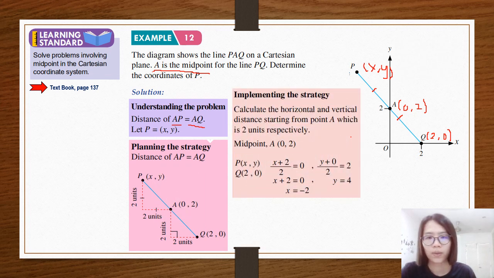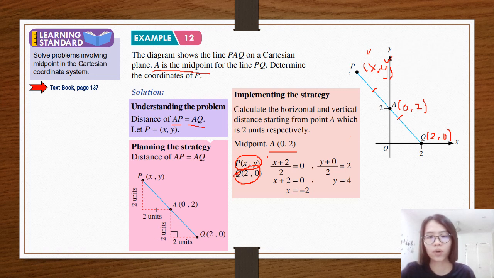Now, it's time for us to search for the value of x and y. Here we apply the formula of the midpoint. Okay, now we look at here. Point P is x, y. Point Q, 2, 0. And the midpoint is A, 0, 2.